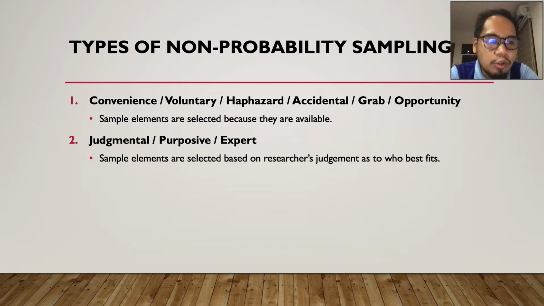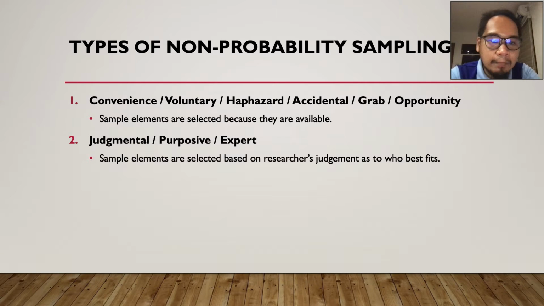So usually for qualitative studies, mostly it will be purposive. But take note, in qualitative studies, they don't really give inferential or quantitative analysis. So most of them are qualitative, which are more or less subjective because the themes are created by the researchers themselves.